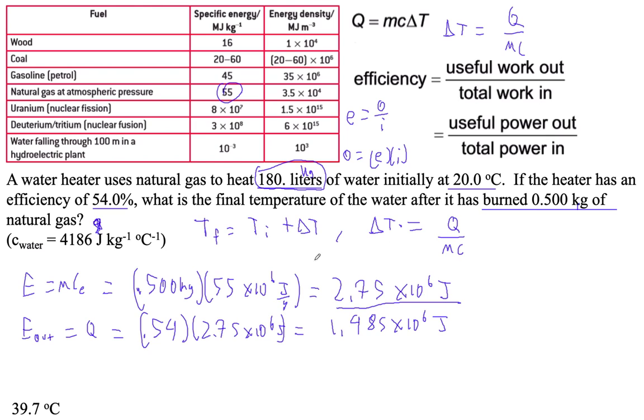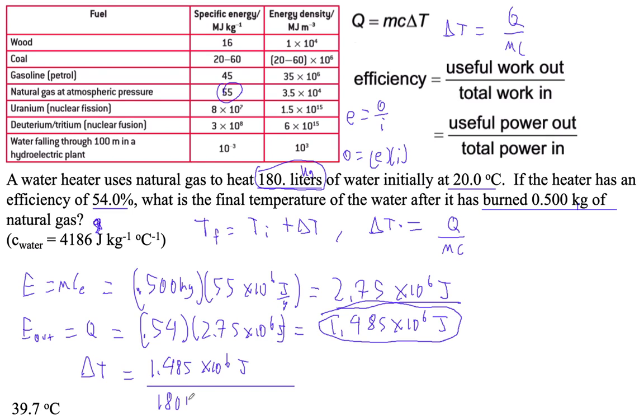So now we're set. Now we can figure out the change in temperature. That's going to be this heat here, that's what actually gets into the water, divided by the mass, which is 180 kilograms, times the specific heat, 4186.